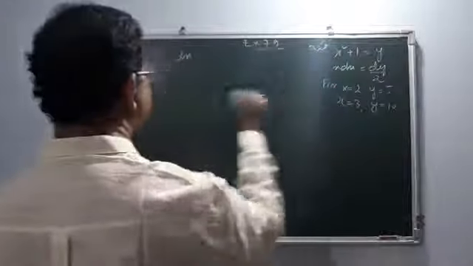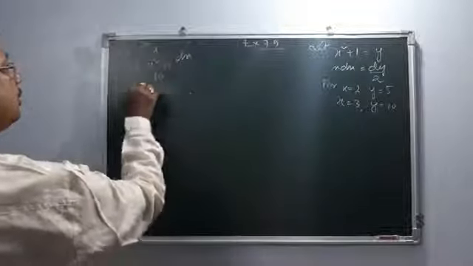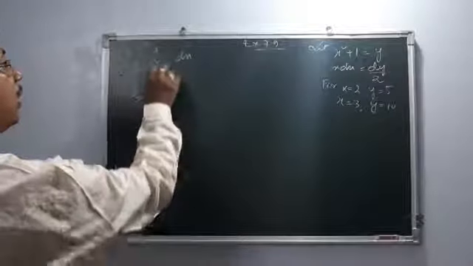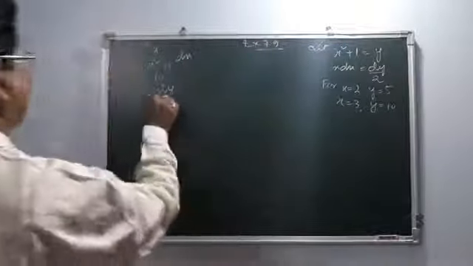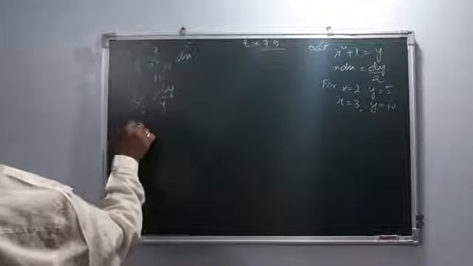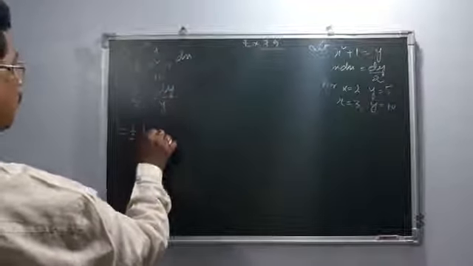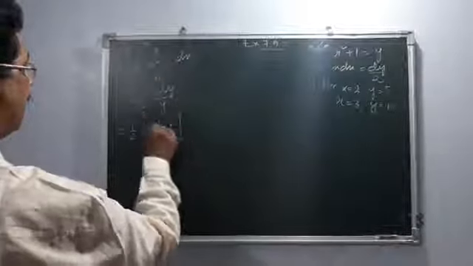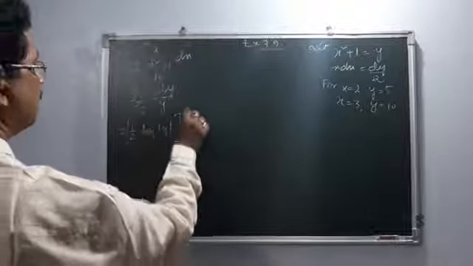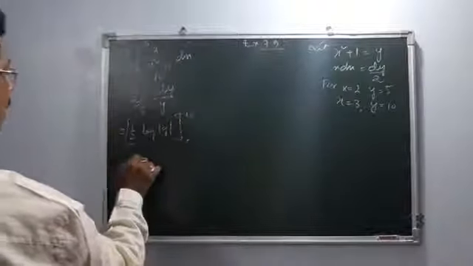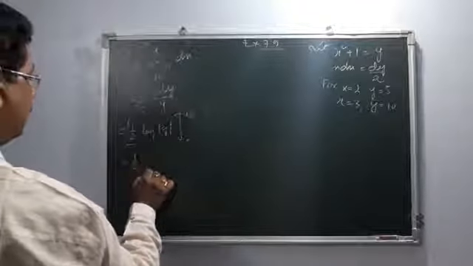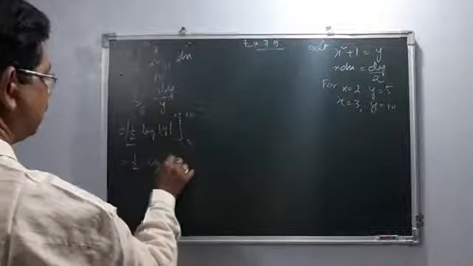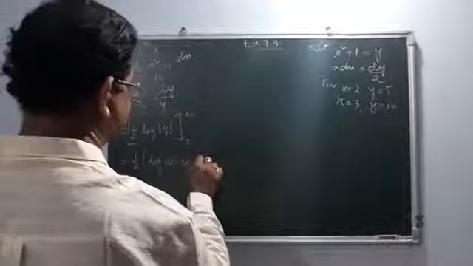The numerator x dx is dy by 2, that is half, and the denominator is y. So its value is half log modulus y, and we have to put the range. Half will go outside and our value will be log 10 minus log 5.